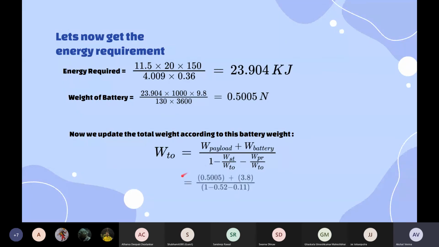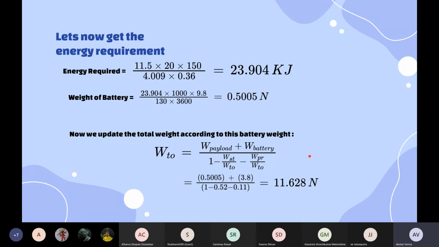So we put all that in, and the weight nearly comes out to be 11.628 Newton. So you must notice here that this total weight of the aircraft which we are now getting is different from the initial weight which we got. So this is how the weight iteration changes the total weight of our aircraft.